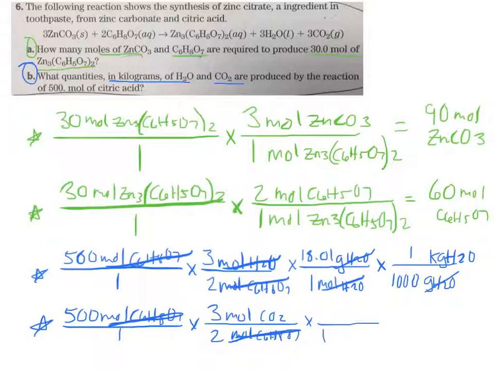But here, I am at a bit of a dilemma, you see, because I don't have the molar mass of CO2 memorized. So I have an app on my phone, and it is called Quick Elements of the periodic table.